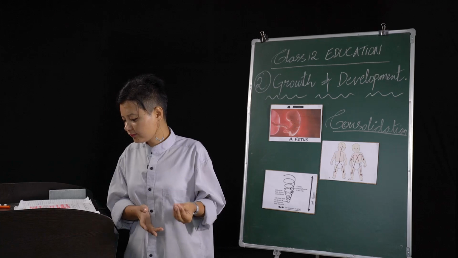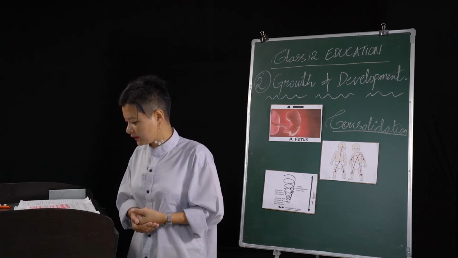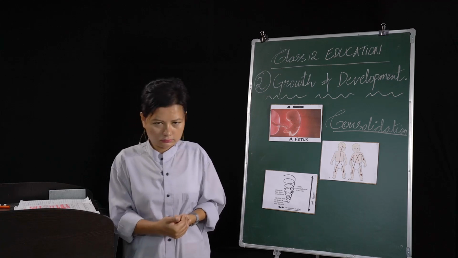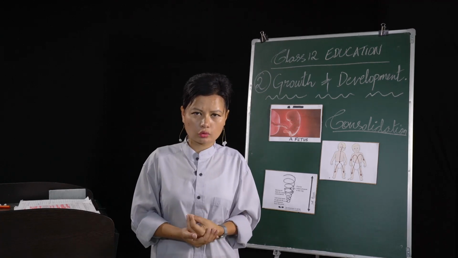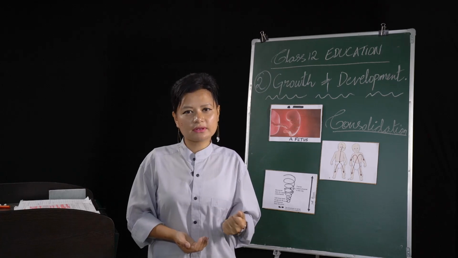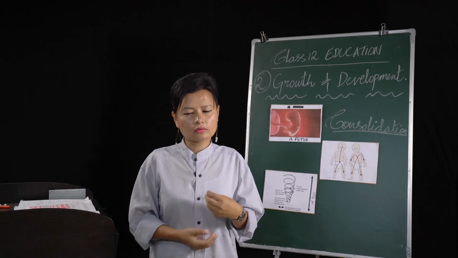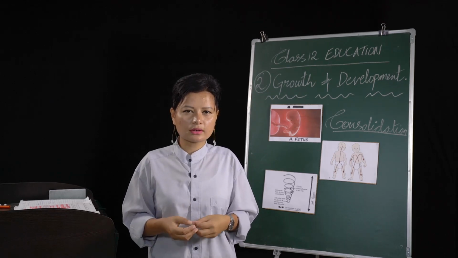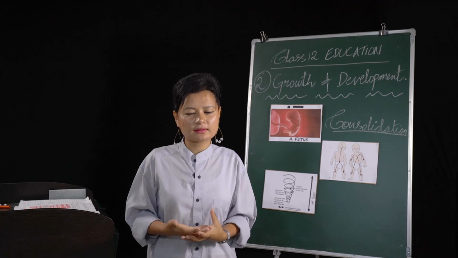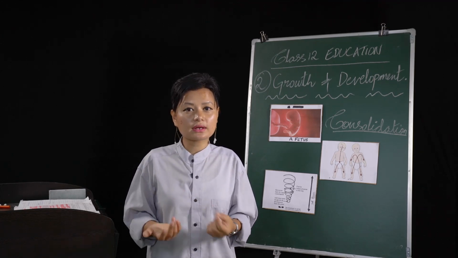And then the fifth one: each stage of growth has its possibilities and limitations. That means under each stage of growth and development, there are some limitations and delimitations. That means there are some advantages and disadvantages. So teachers and the parents and the school syllabus should be made in such a way that all these limitations and advantages are taken care of.